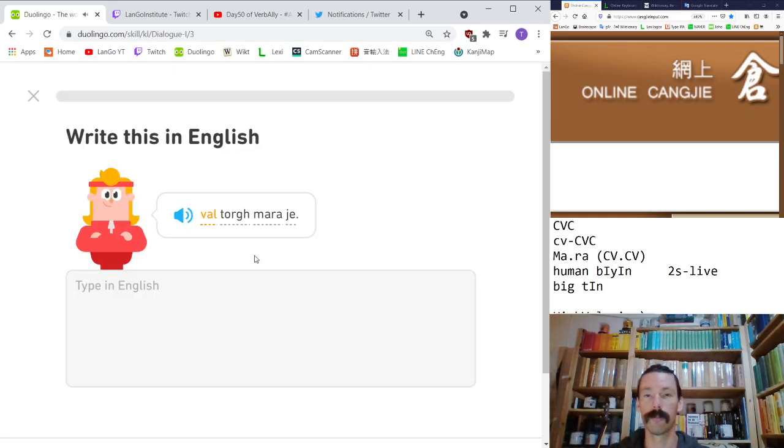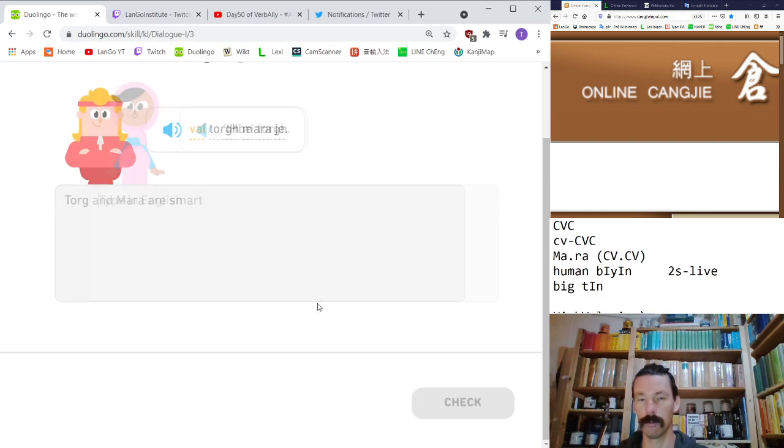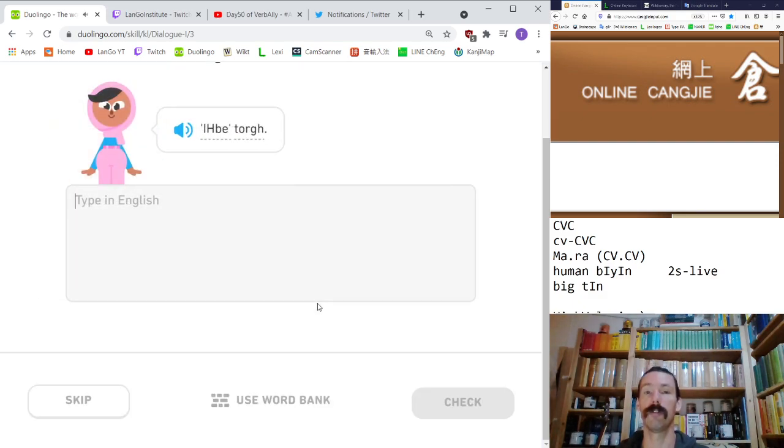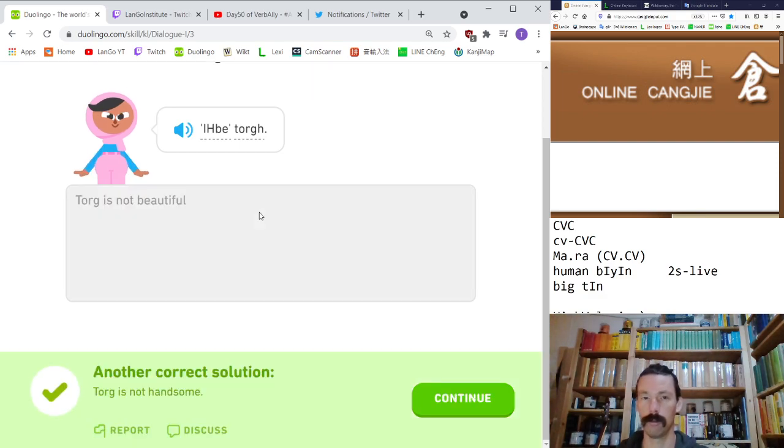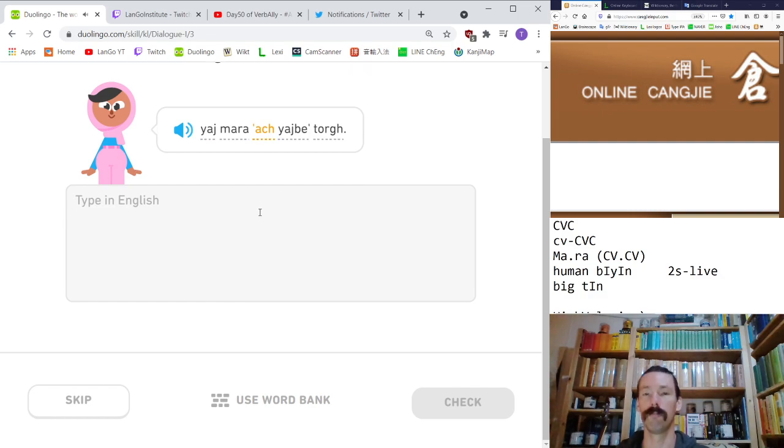Val Torg Mara Je. Val is a verb. Conjoined subject. Torg and Mara are smart. Ich bet torg. Is that the word for beautiful? Torg is not beautiful. Yaj Mara. Ach yaj bet Torg.